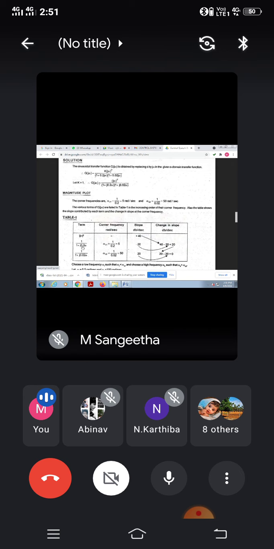If s is in the denominator, you replace it with minus 20. But here we have a power of 2, so 20 into 2, 40. So we have plus 40. This s is present in the denominator, so minus 20. This is also present in the denominator, so minus 20.